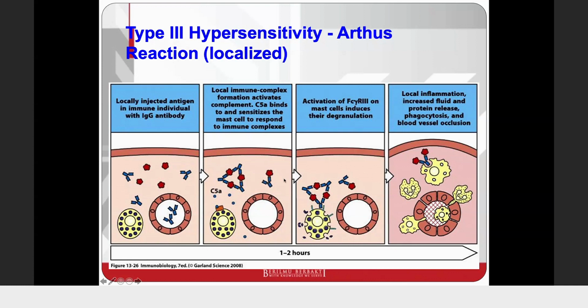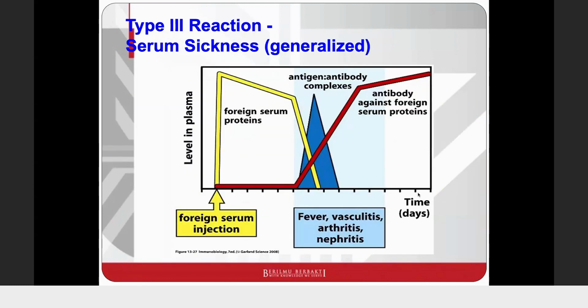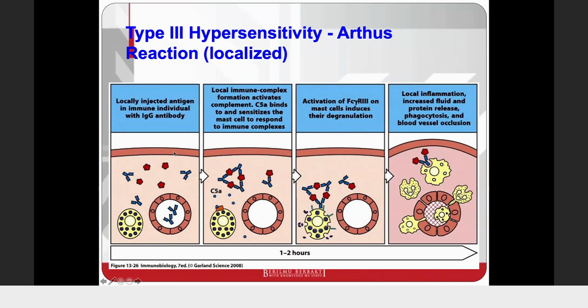So the C5a will call the mast cells to the site of reaction, and causes the activation of the receptor on the mast cells that induces degranulation, then release of those molecules that cause increased fluid and protein release from the blood into the surrounding tissues, and phagocytosis. So that is local. Basically it depends on where the antigen is injected.